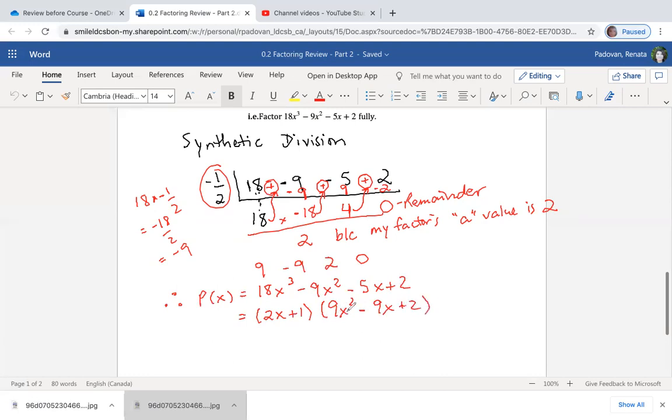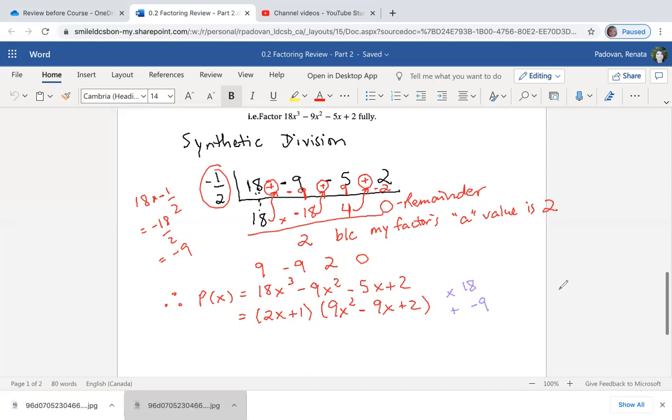And then again, especially if you have a trinomial here where A is not 1, so this is complex trinomial factoring, I have to check and see if I can go any further. You might not be able to, but I have to check. So I'm looking for 2 numbers that multiply to A times C, so positive 18, and 2 numbers that add to negative 9.